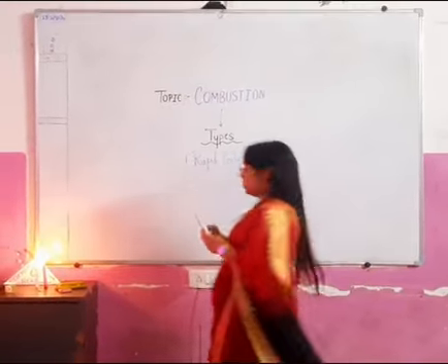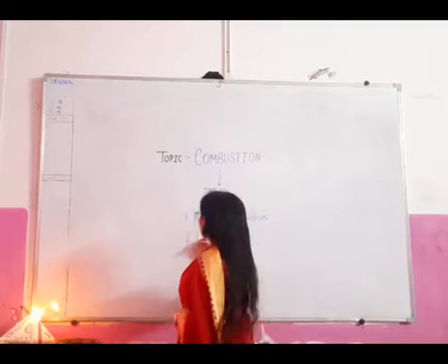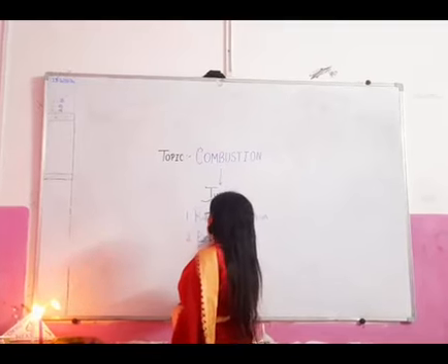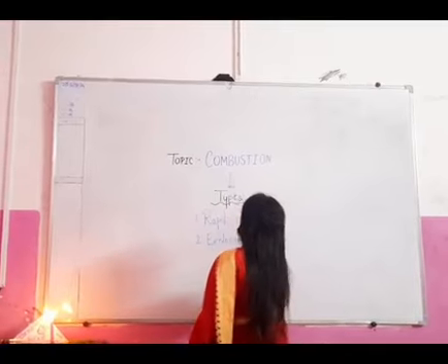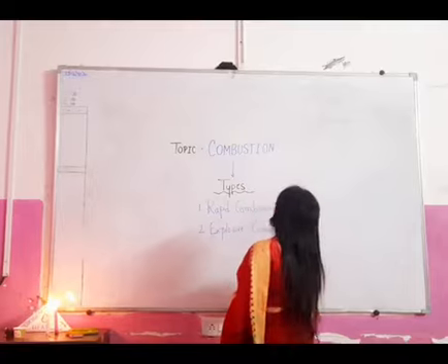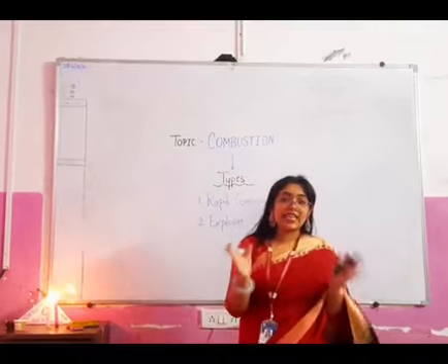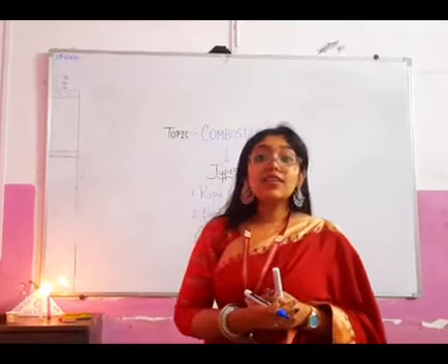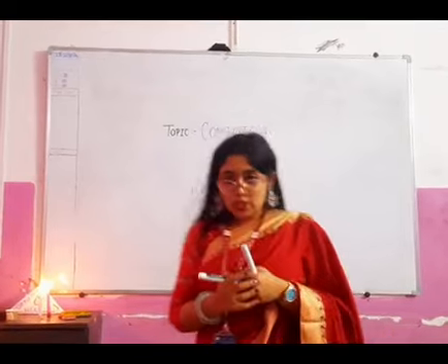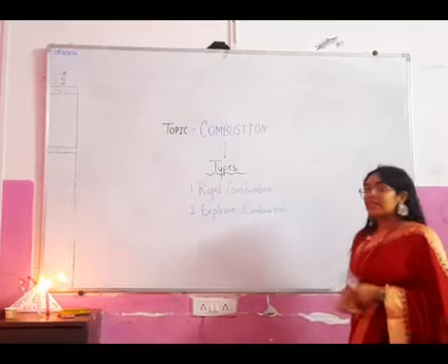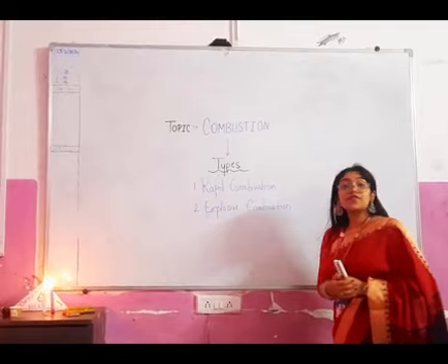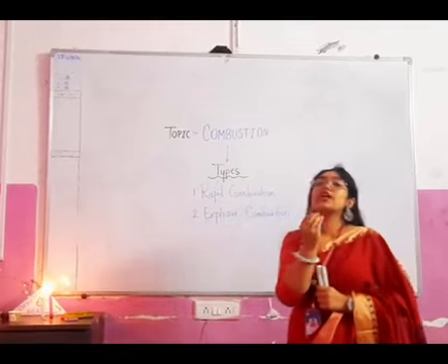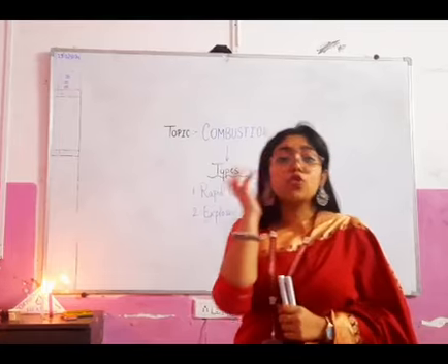Next comes explosive combustion. Explosive combustion always gives off a lot of heat, sound and light. As we know, combustion gives us heat and light, but what makes the difference between rapid and explosive combustion is that explosive combustion can be identified by its sound.